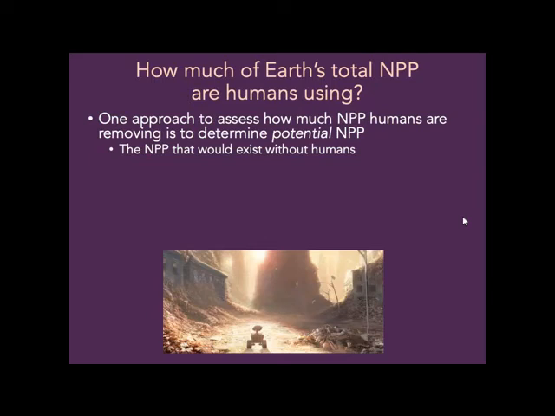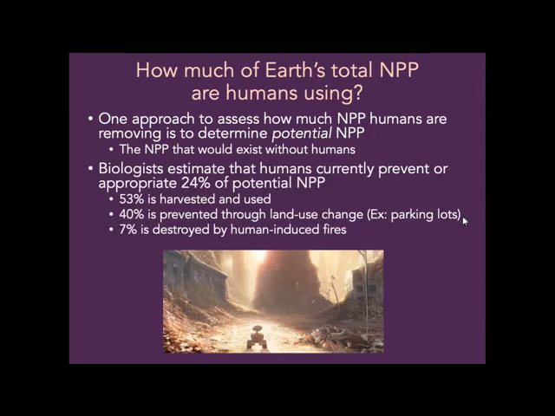All right, so how much of the Earth's total NPP are humans using? One way that we want to think about this is to assess how much NPP humans are removing to figure out potential NPP, okay? So that's our estimate of what the NPP would be on Earth if there were not humans here to use it.